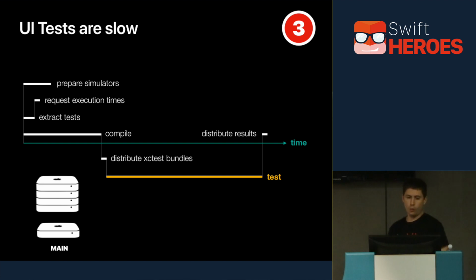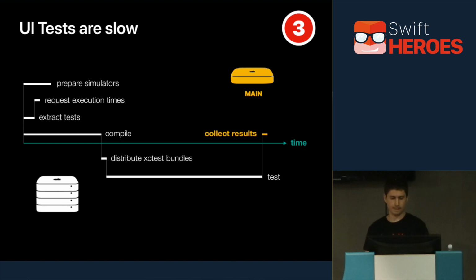So, once compilation has completed, we just need to let Xcode build run the tests on all the nodes, and then wait for them to complete. So the outcome will be a set of test data, and with that I mean the plist, the attachments, the various logs on every single node.